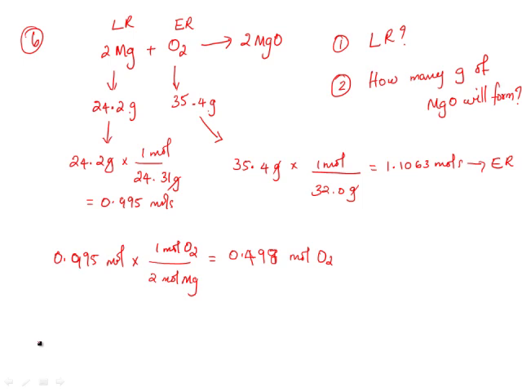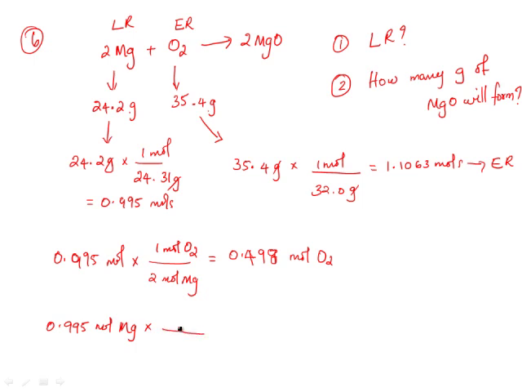That is the number of moles in the balanced equation. Okay, so you have magnesium, the limiting reactant. How many moles of magnesium you have? 0.995 moles of magnesium.